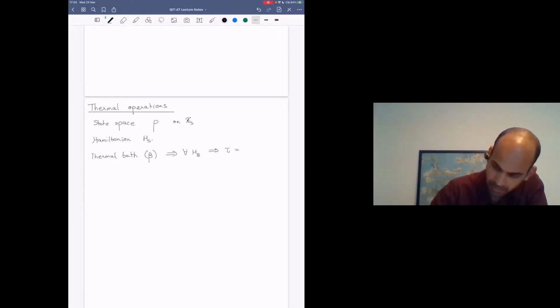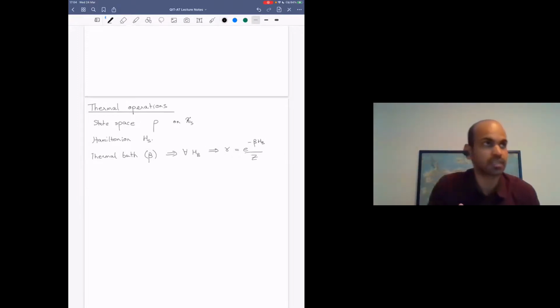Let me call this gamma actually now. Gamma is equal to e to the minus beta H_B divided by the appropriate partition function to make sure that the state is normalized.